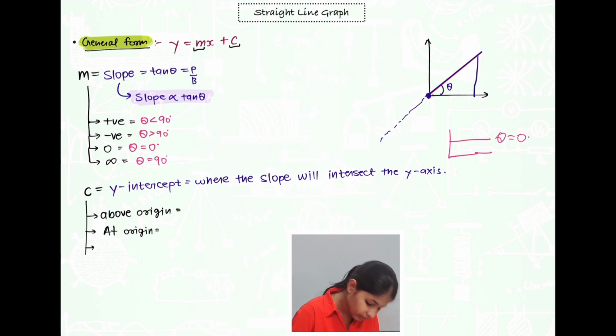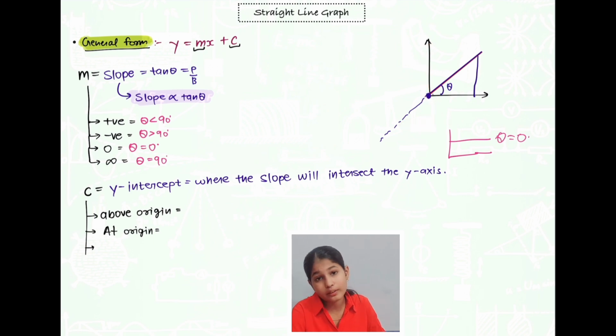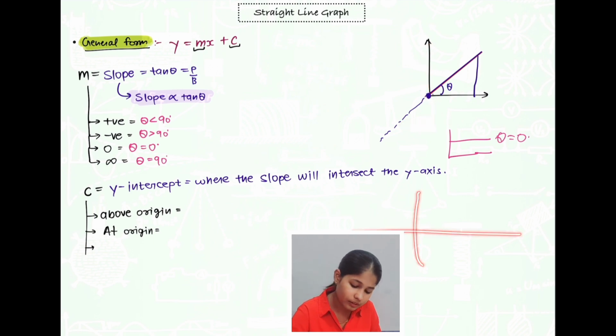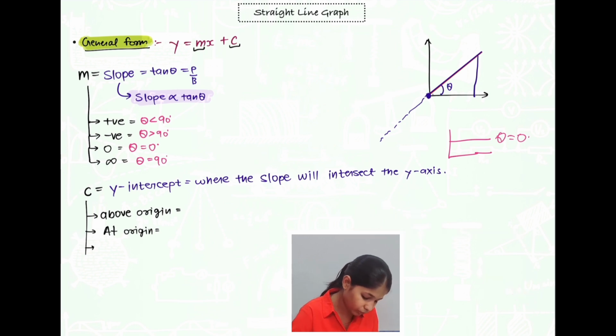And last, when the slope will intersect the y-axis below the origin, means like this. Below origin. I hope you all have understood, but let me tell.